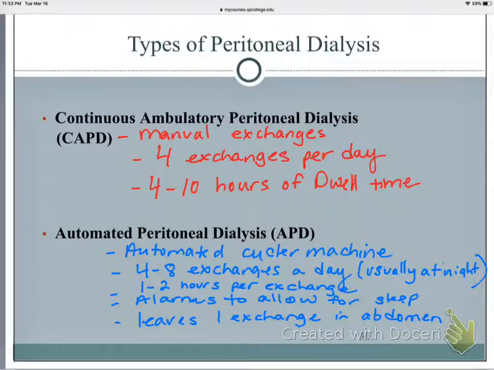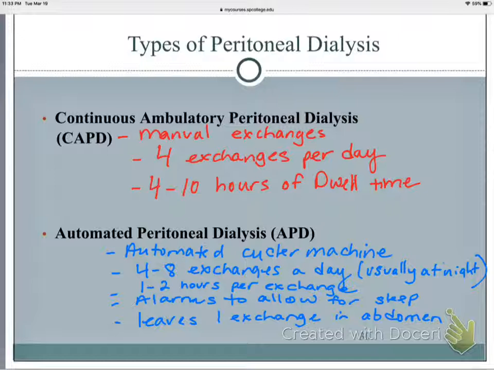So it allows them to do it while they're sleeping. They use a machine called a cycler, an automated device that delivers the dialysate. It's pretty small too.